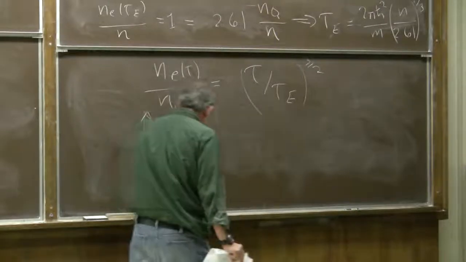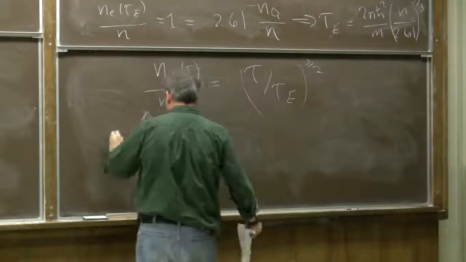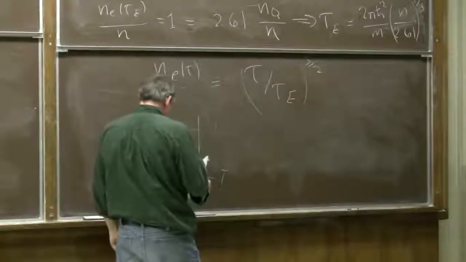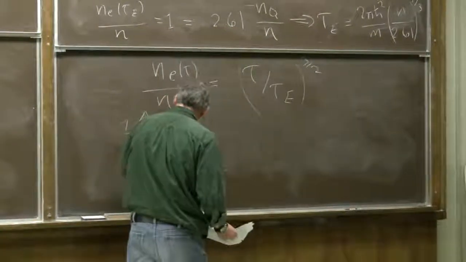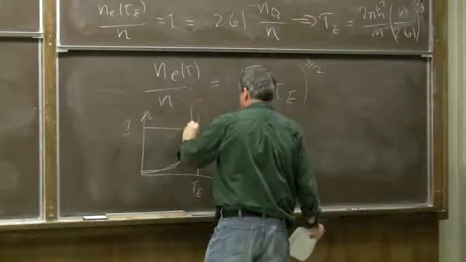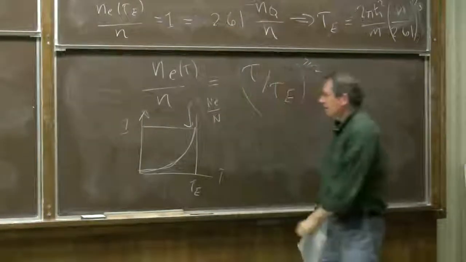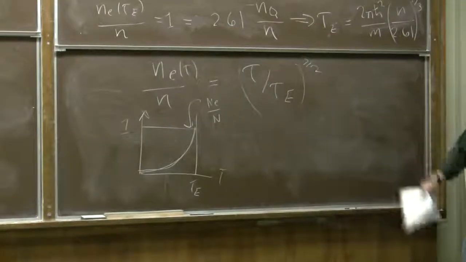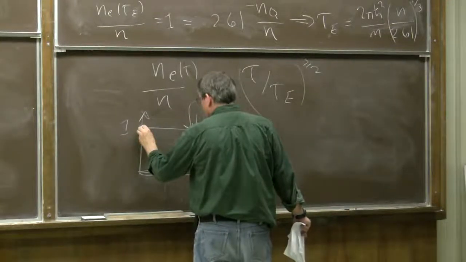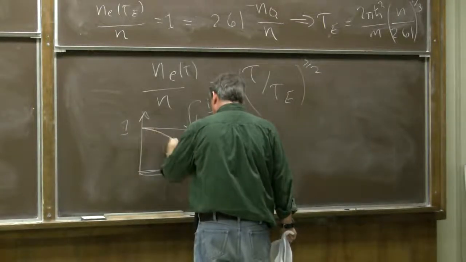So at 0 temperature, everybody's in the ground orbital. The fraction in the excited orbitals, number excited divided by total number, turns on like tau to the 3/2, reaches 1 at tau Einstein, and then the number in the ground orbital is just 1 minus this, so it just kind of looks like that.